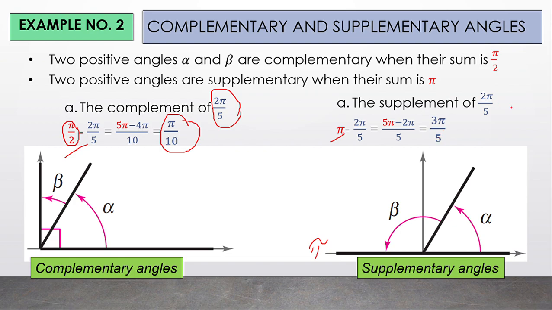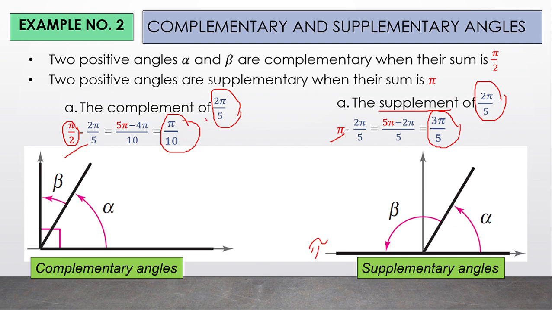Ayan. So, ibig sabihin, si 2 pi over 5 is supplement niya si 3 pi over 5. Okay, so pag pinag-add silang dalawa, pi lang yung sagot nila. Okay, so ito naman dalawa, kapag pinag-add nyo to, pi over 2 ang magiging sagot nila.